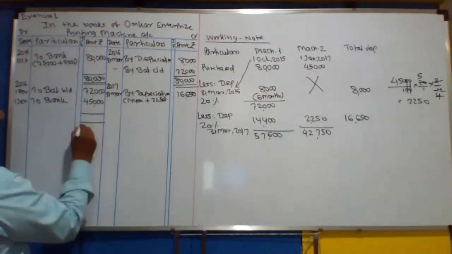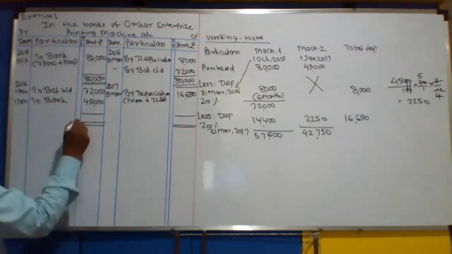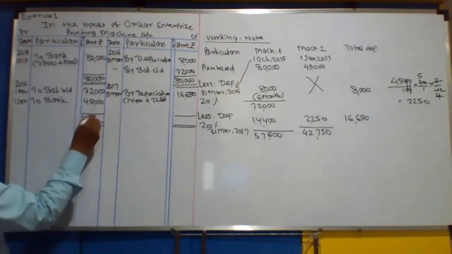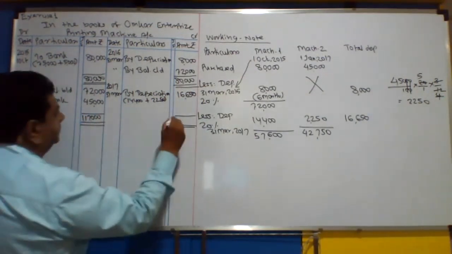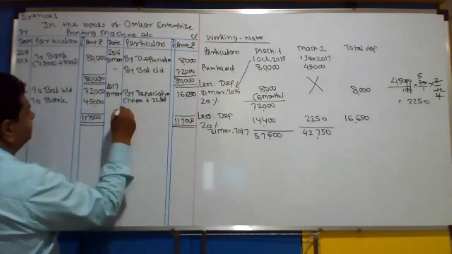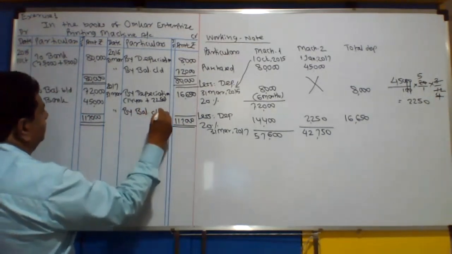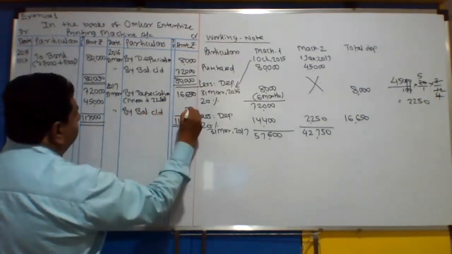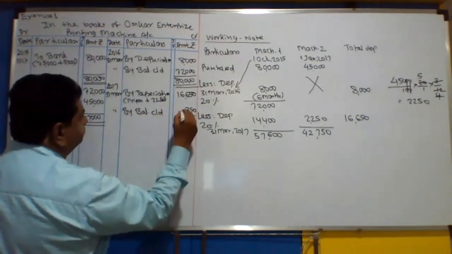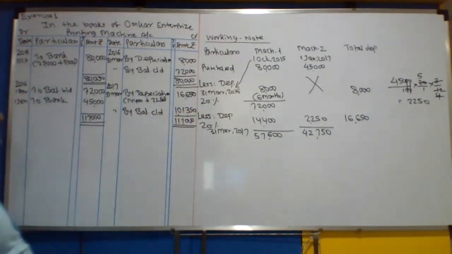Now the balance: 1,17,000 minus 16,650. So by balance carried down, it is 1,01,350.